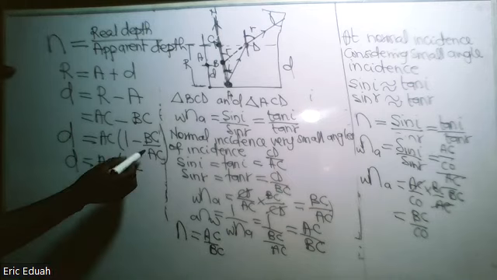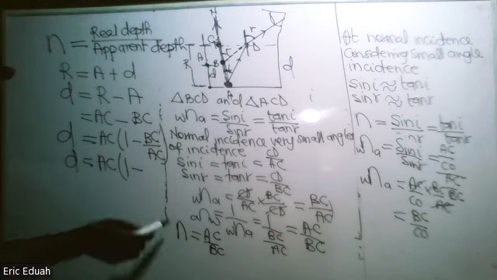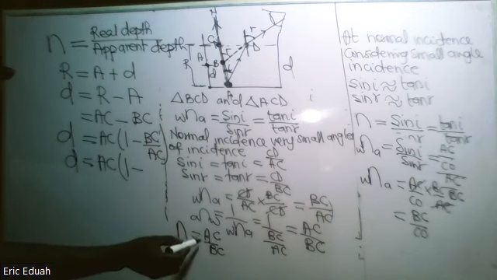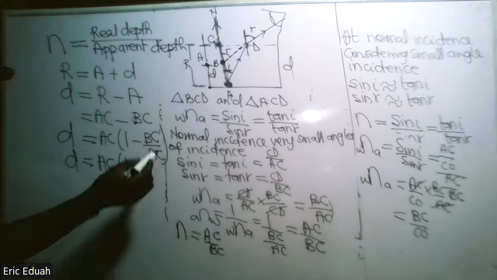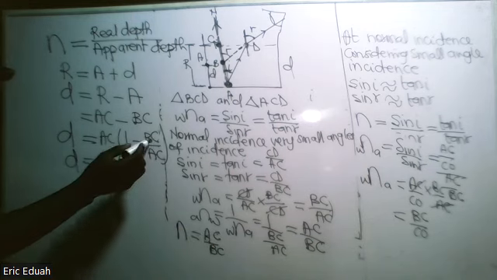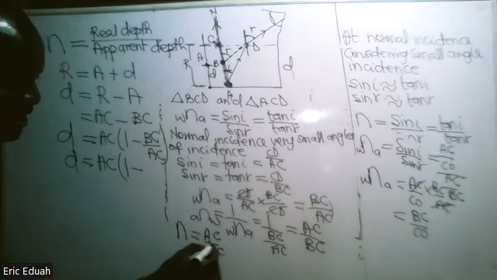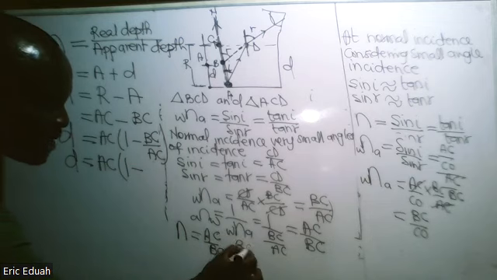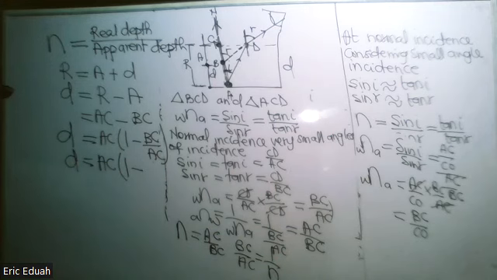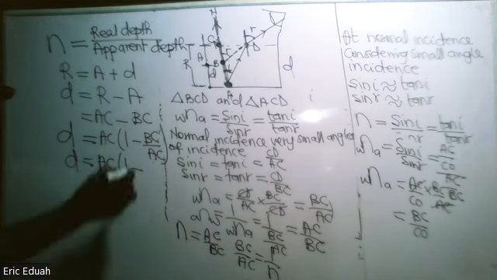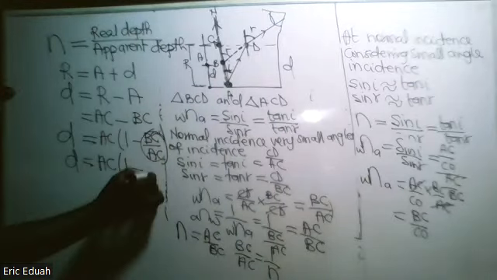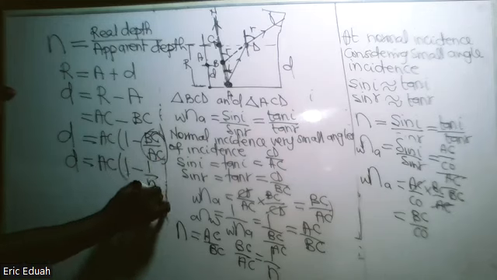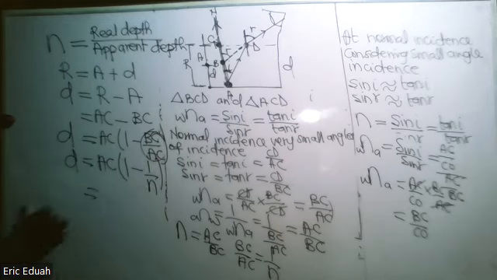So look at this. This is BC. If absolute refractive index is AC over BC, then we have BC over AC. Then it means that if you make it as BC over AC, you have 1 over the refractive index of the material.